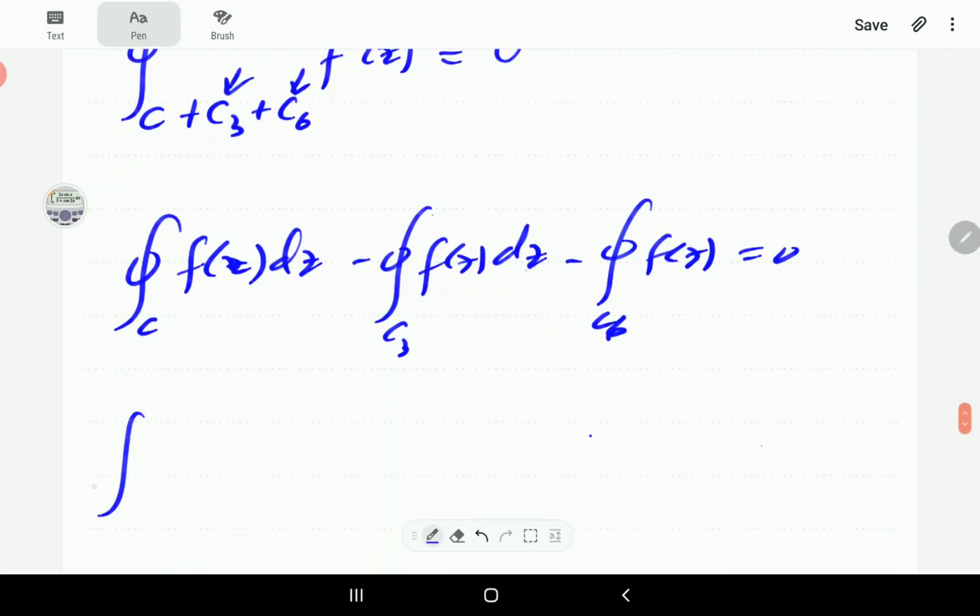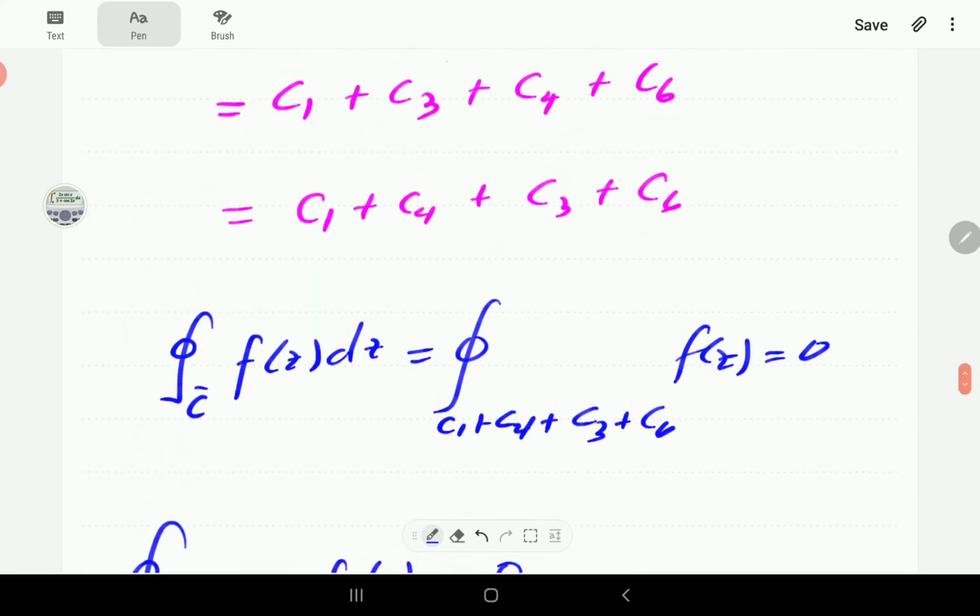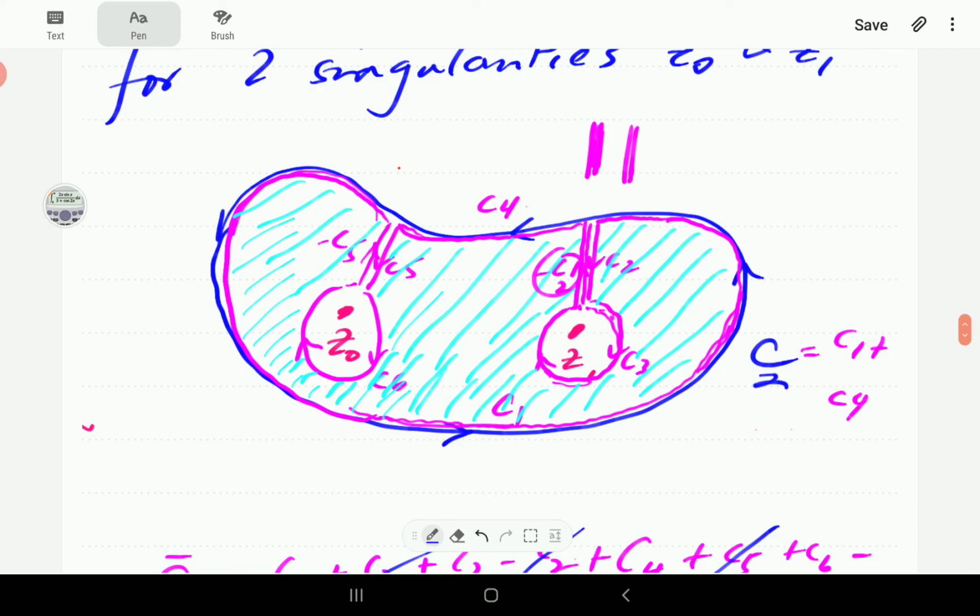So that means here, this is going to be the integral of f of z minus 2 pi I, C3, residue inside C3 is Z1.